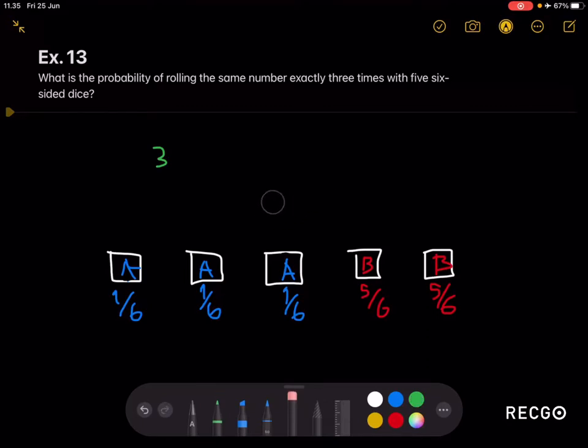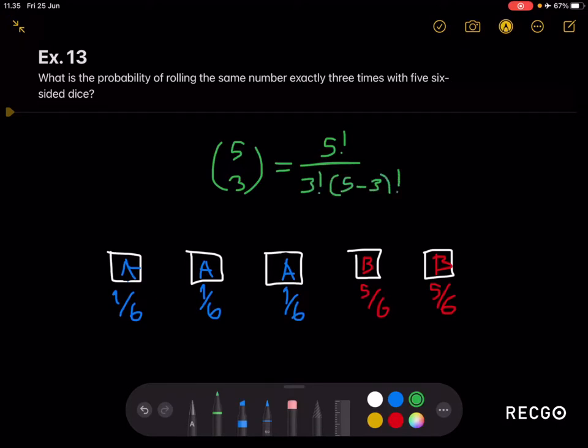And the number of ways to do that is 5 choose 3, which is called the binomial coefficient, and it is defined as 5 factorial over 3 factorial times (5 minus 3) factorial. So this is the number of ways that you can sort 3 things out of 5 total things.